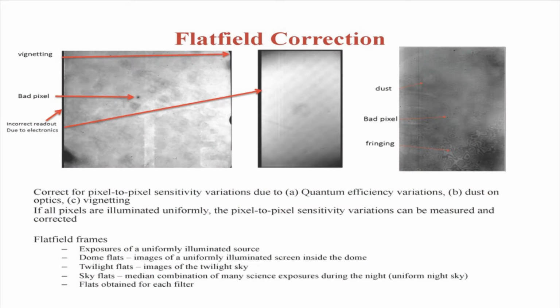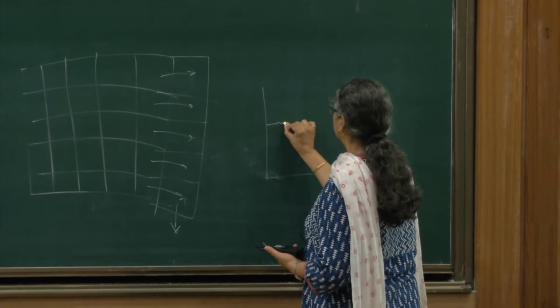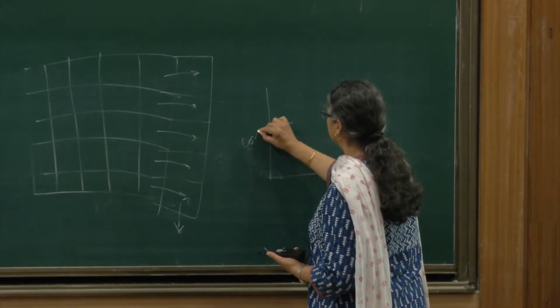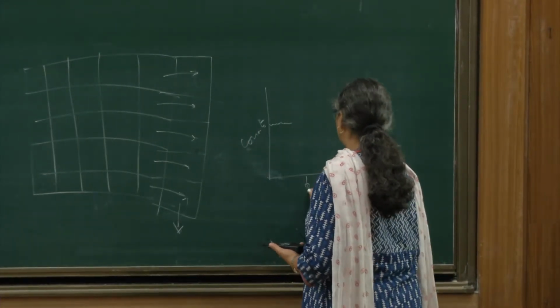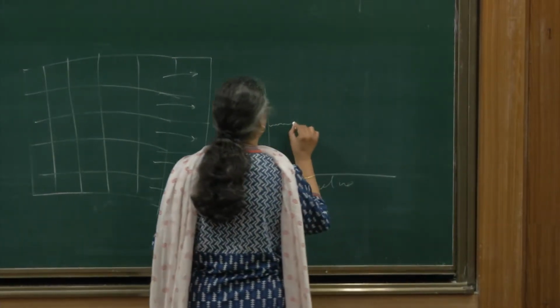Good. So let me just show you, for instance, let me go back to this here. There I have pointed out a bad pixel. Suppose I take a row cut in a normalized flat. What will happen? I plot it. In principle, if I take this as the counts versus pixel number, it will go like this.